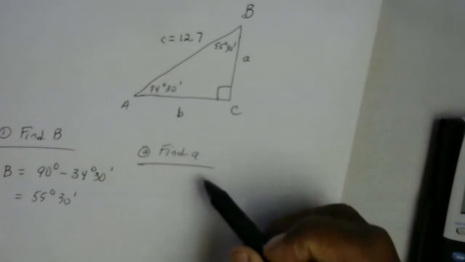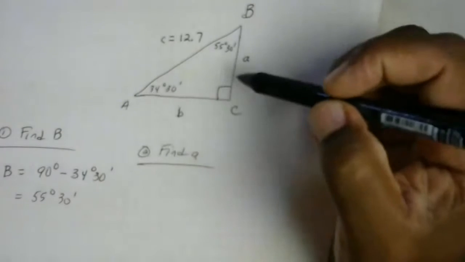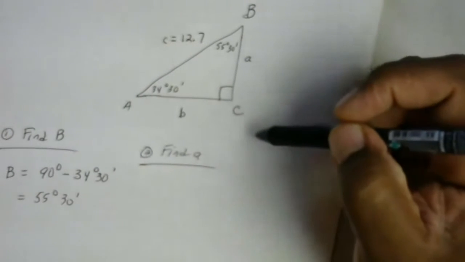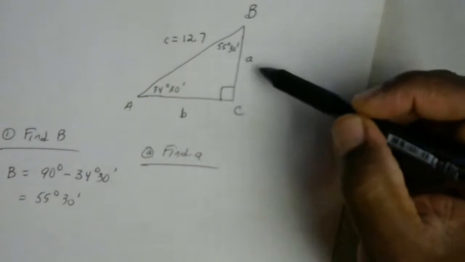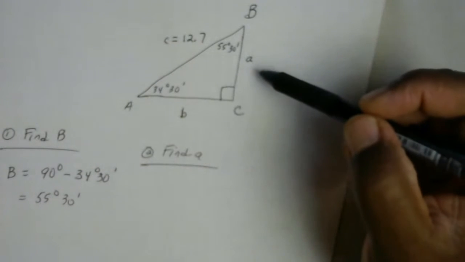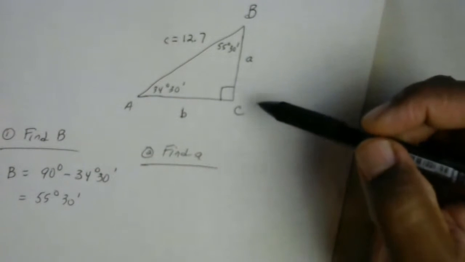So I'm going to find side a. The first thing I need to do is set up a trig function, because I can't use the Pythagorean theorem to find side a.